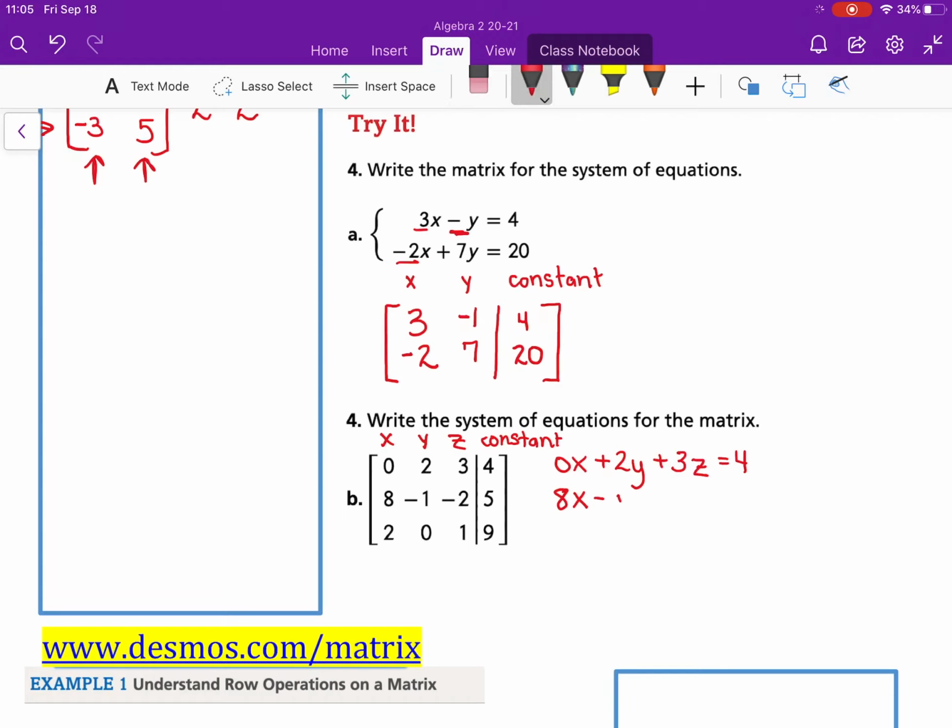Remember, we don't actually have to have that 1 there because 1 times y is just y. Minus 2z equals 5. And then last, 2x plus 0y plus z. So again, 1z is just z, equals 9.